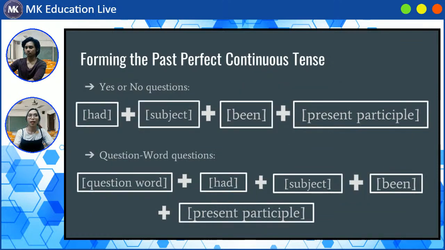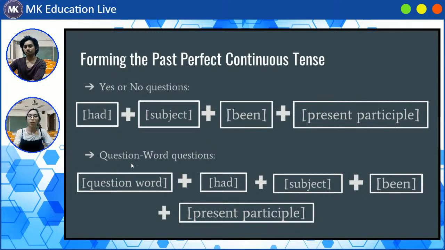Okay? Next, we have yes or no questions. Here, for yes or no questions, we invert the subject and had. So basically, at the beginning of the sentence, we put had. Typically, we have the subject first and then had, right? But in yes or no questions, we put had at the beginning of the sentence, plus your subject, plus been, and your present participle.